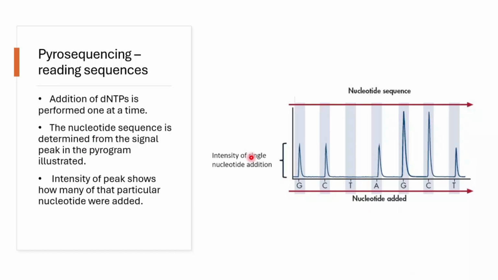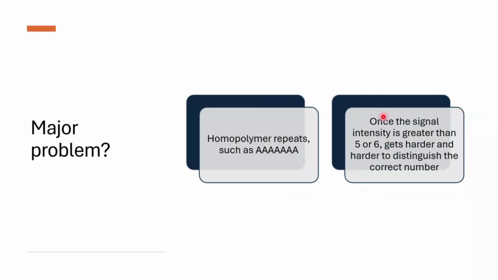What else? So this is the signal I was telling you about. This is a pyrogram. The intensity of the light tells you how many nucleotides are added, because you can basically have a standard curve for each of the lights, and you know that this is one nucleotide being added, while this is basically 2 or whatever. And there's a limit at the top. Above this, you don't see any more change, so it's saturated.